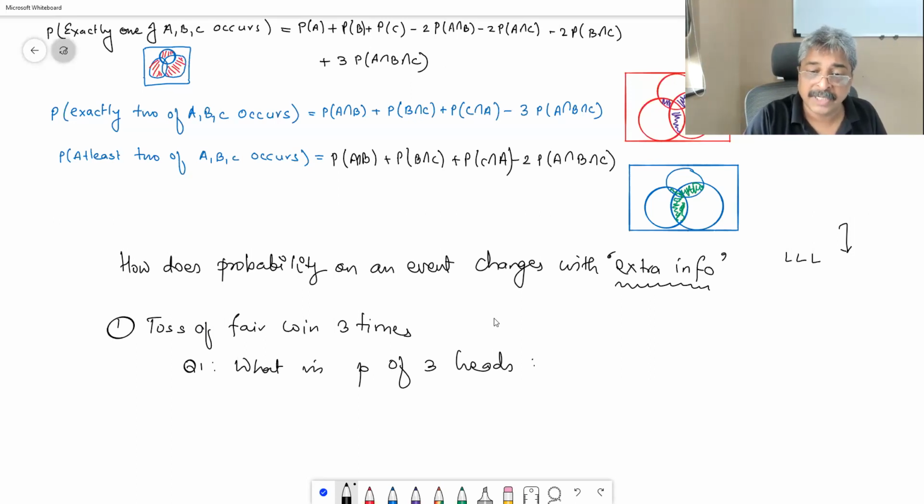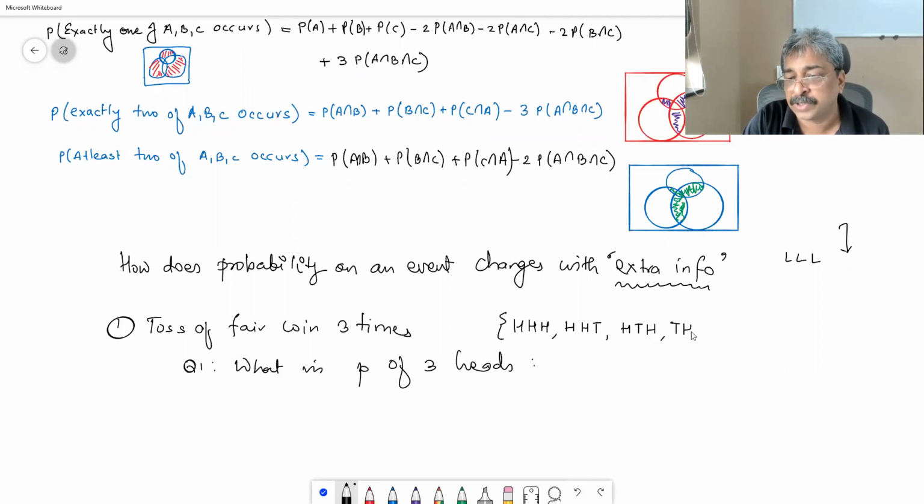Let me write down the complete sample space. H, H, H, H, H, T, H, T, H, sorry. I don't know how it should be written, but I am writing it some way. One H is done.